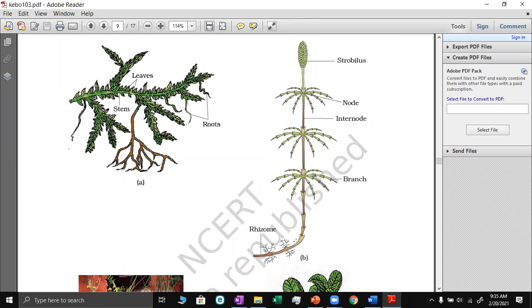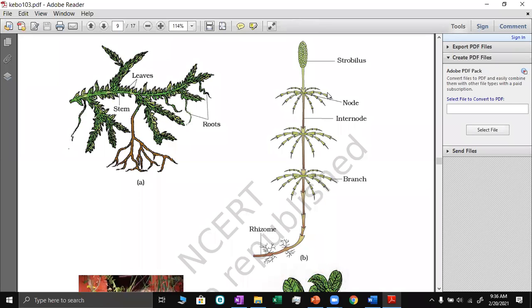It has very distinct nodes and internodes. The leaves are scale leaves. These are not leaves, these are branches, and the branches come out in a whorl. These are branches of limited growth.